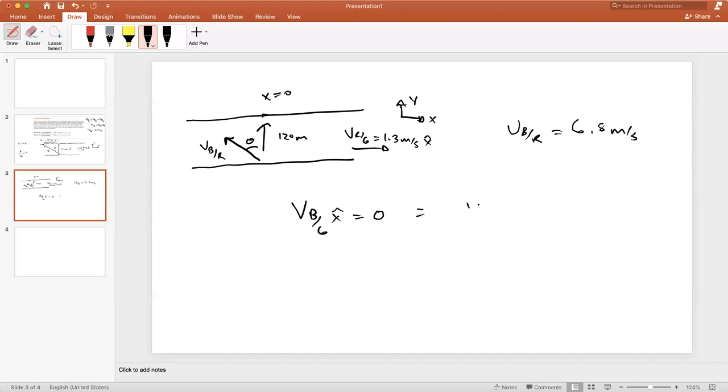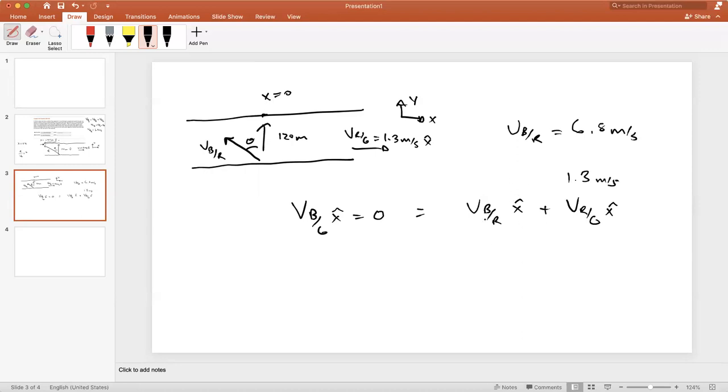And we know that this is the boat relative to the river in the x hat direction plus the river relative to the ground in the x hat direction. And we already know that: this is 1.3 meters per second, okay?